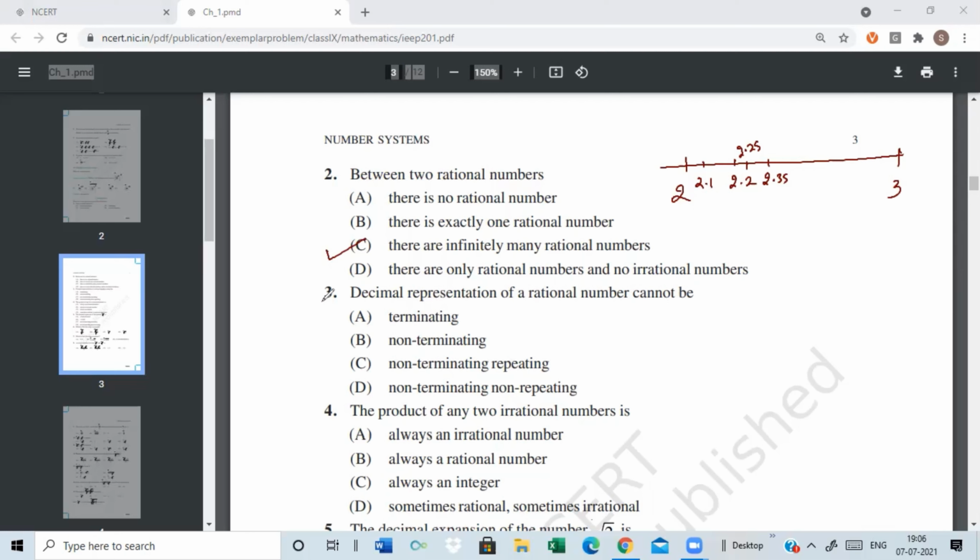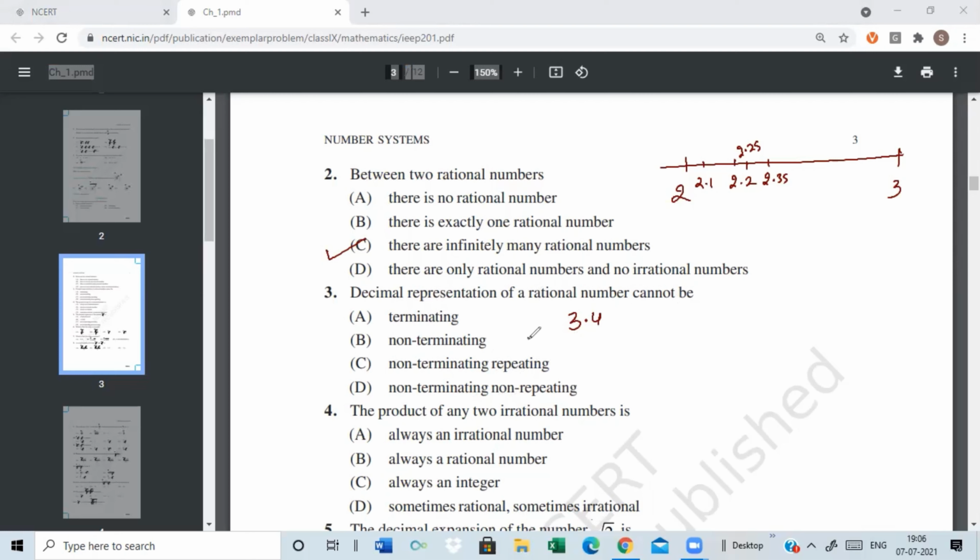Now, the next one: the decimal representation of a rational number cannot be terminating, non-terminating, non-terminating repeating, or non-terminating non-repeating. The decimal representation of a rational number can be terminating, for example 3.4, a terminating decimal that is a rational number.